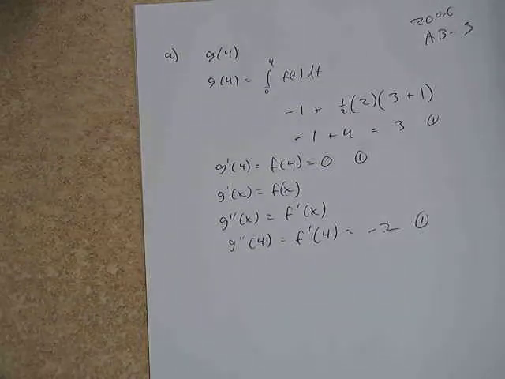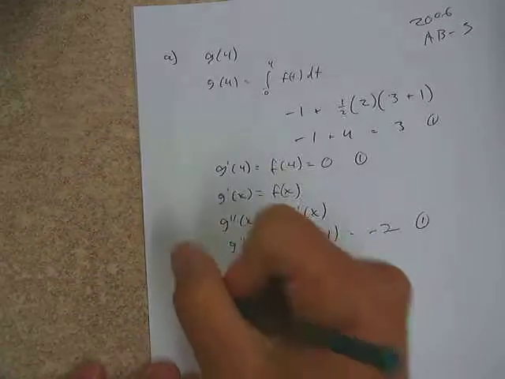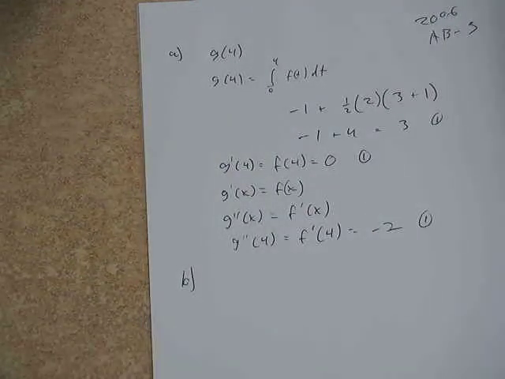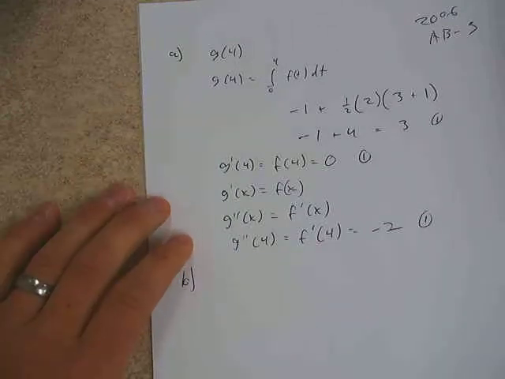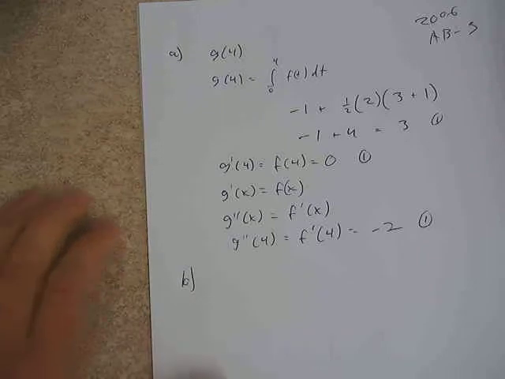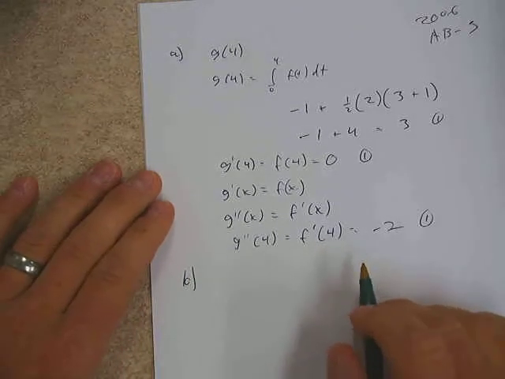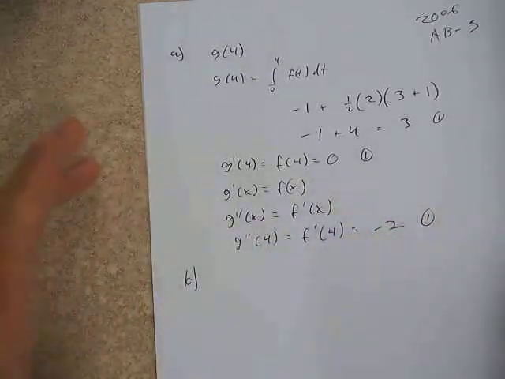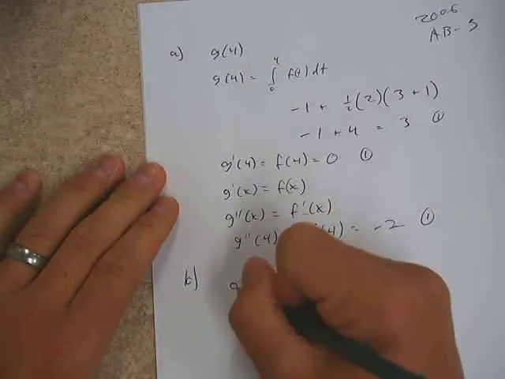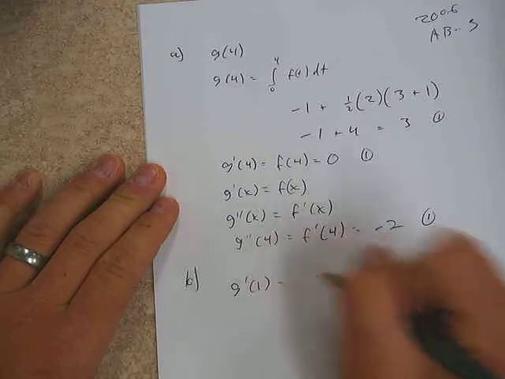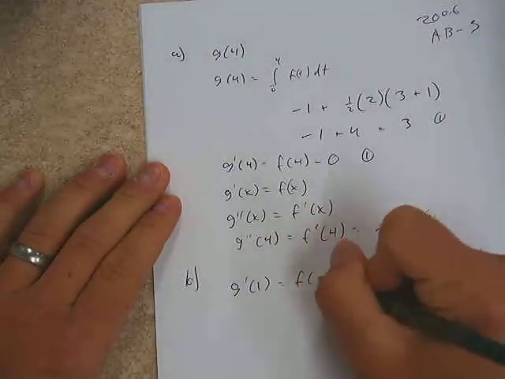Questions on part A, any of those 3? Alright, then on part B, it says, does g have a relative maximum, a relative minimum, or neither at x equals 1, and justify it? If we look at x equals 1, we need to know something about g prime.